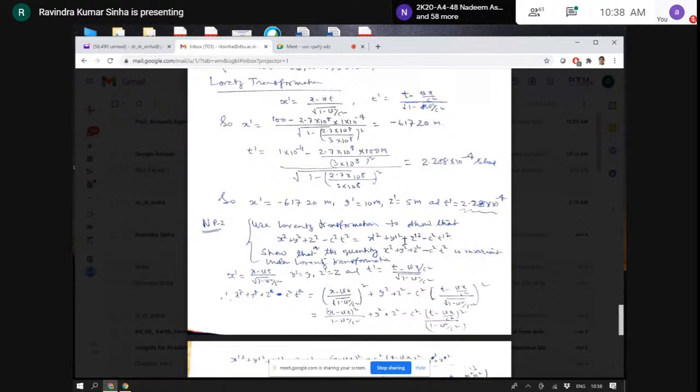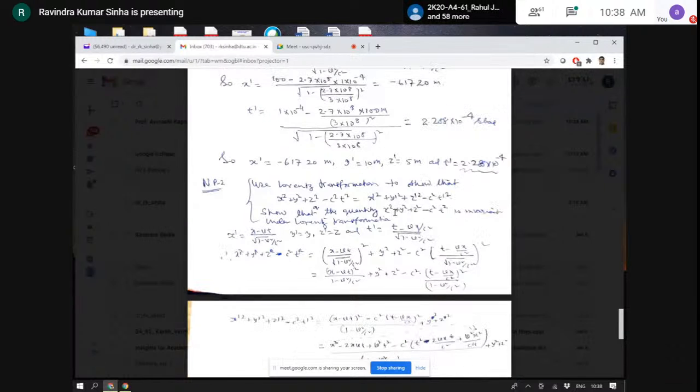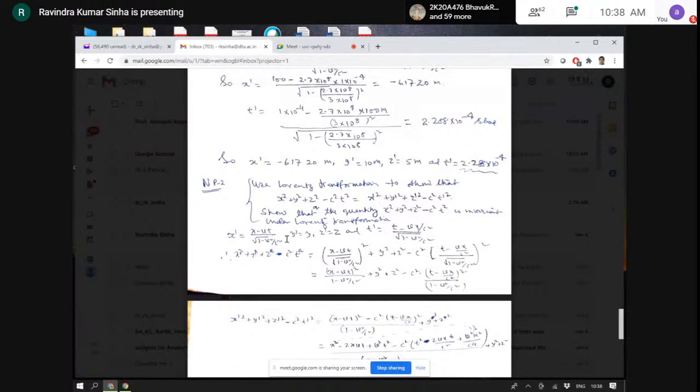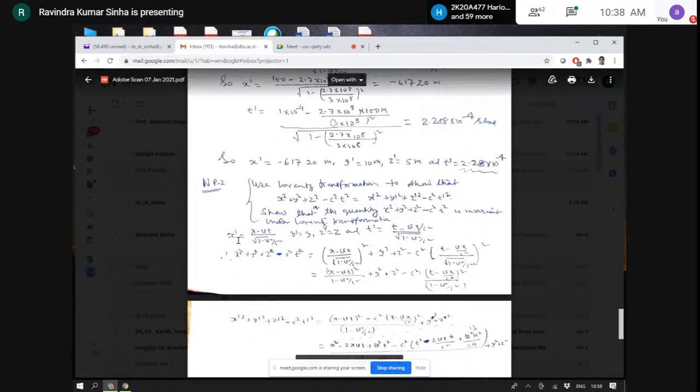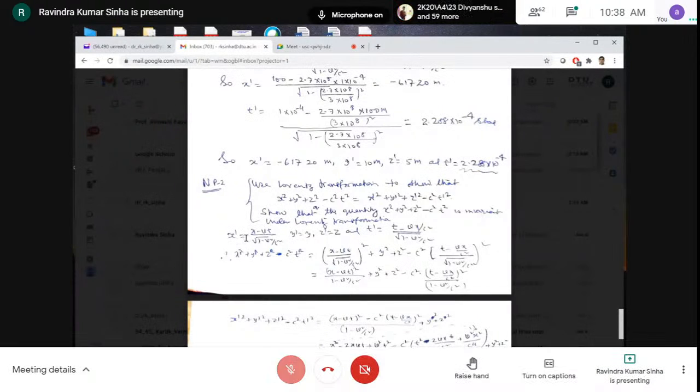Okay, so how to use that. That is, this is given that it is invariant. So I want that this is in S frame of reference. In S dash frame of reference, the coordinates will be x dash, y dash, z dash, and t dash. So what will be x dash? X dash will be this quantity.